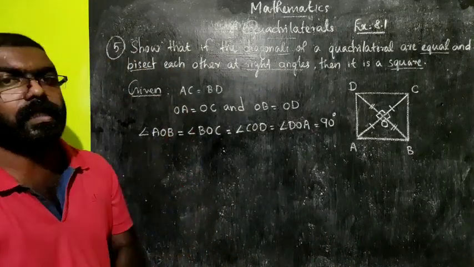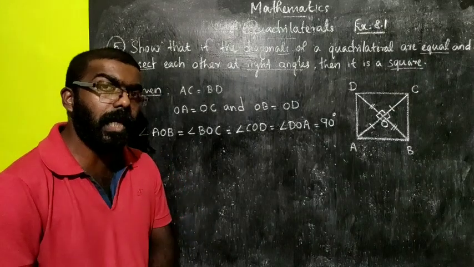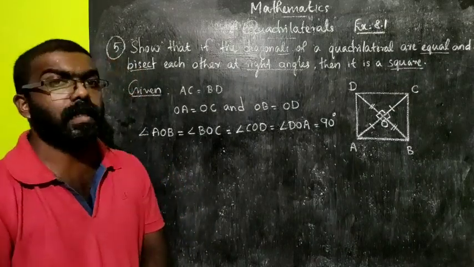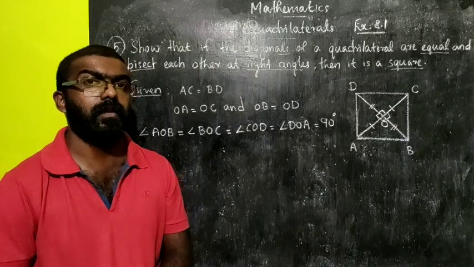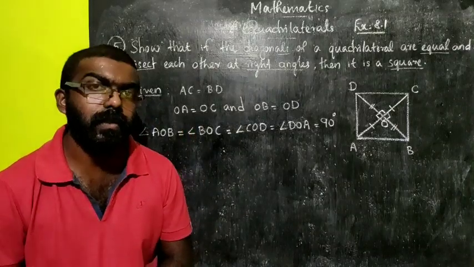So this much is given in the question: diagonals of a quadrilateral are equal and bisect each other at right angles. And what we have to prove? This quadrilateral is a square.